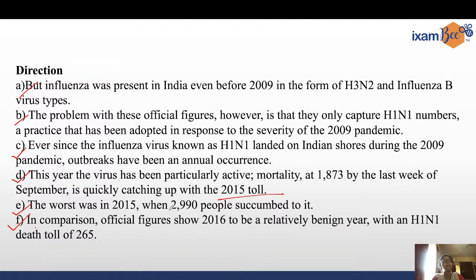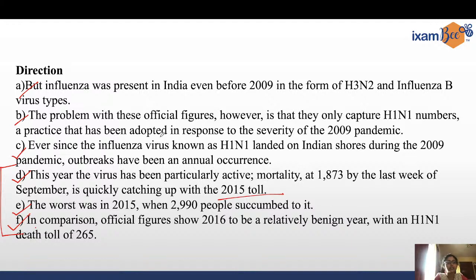Now you come to B. B is referring to these official figures, this set. The problem with these official figures, however, is that they only capture H1N1 numbers, a practice that has been adopted due to the severity of the 2009 pandemic. There's a problem, okay?